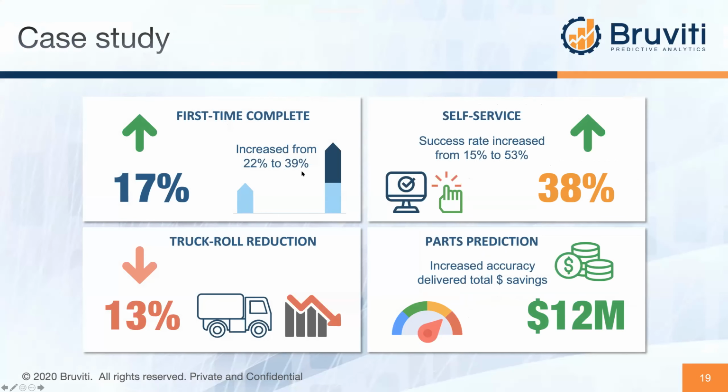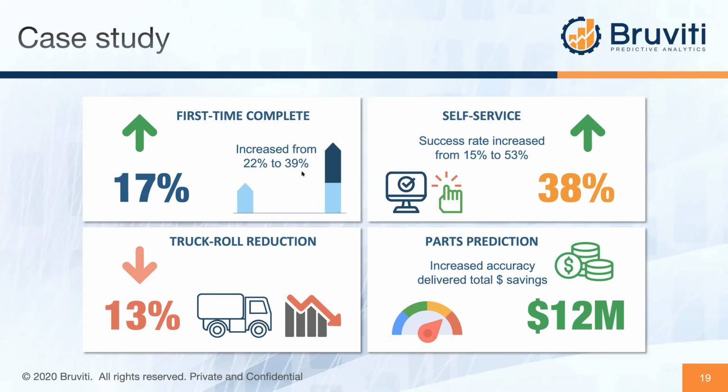So this is based on a case study with one of our very large OEM customers. The thing I want to call out about parts prediction, particularly when you're dealing with truck rolls, is being able to resolve the problem on the first dispatch by ensuring that you have the right part for the job on the truck.